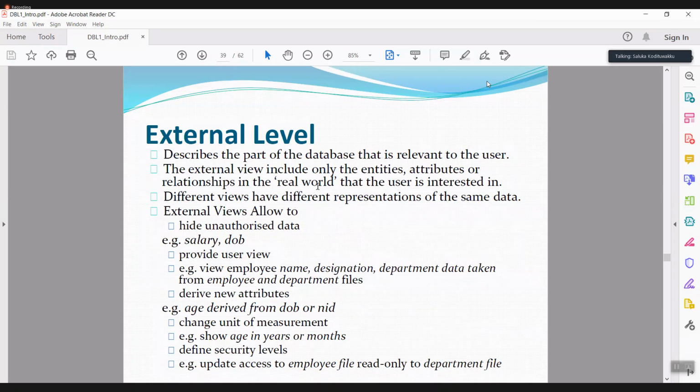In that case, even if the teller identifies that mistake, the teller is not allowed to correct it. In order to correct it, the teller should communicate with the account representative, the one who has the permission to do so. That is the kind of security level also defined in this external level.